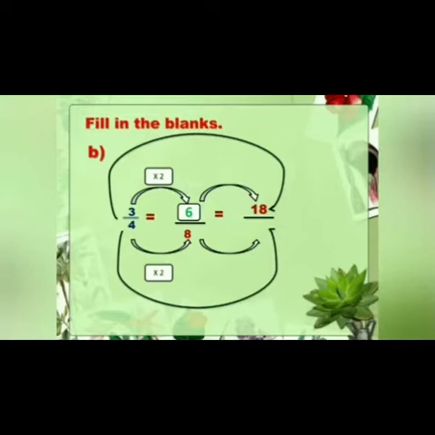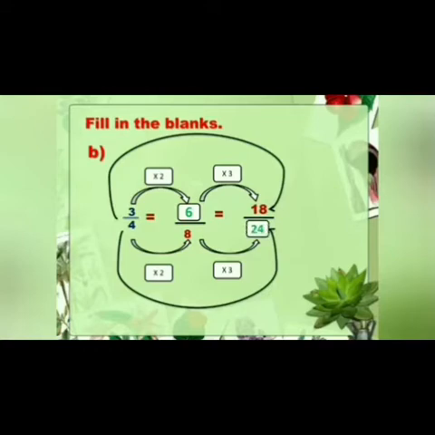How many times of 6 is 18 children? 1 6 is 6, 2 sixes are 12, 3 sixes are 18. Yes, 6 threes are 18. We have to multiply it by 3. In numerator, we have to multiply it by 3, means in denominator also we have to multiply it by 3. Then 8 threes are, 1 8 is 8, 2 eights are 16, 3 eights are, very good, 24.